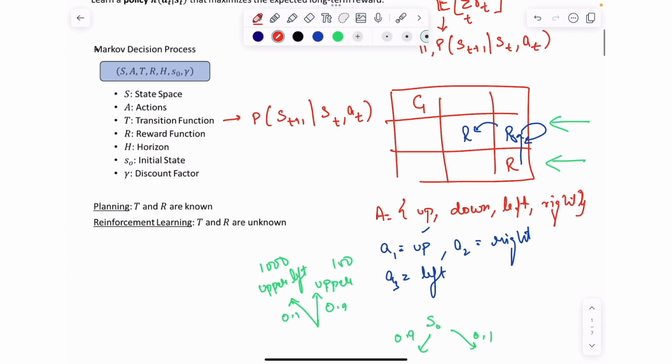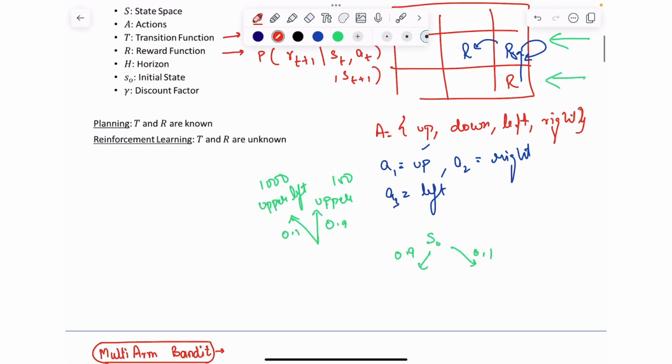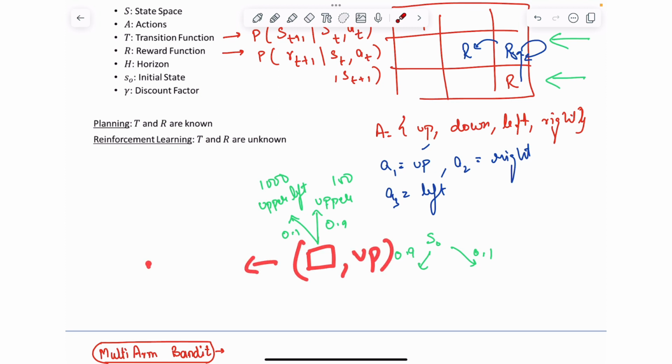Okay. Similarly, if your reward is stochastic, it will also give you what is the RT plus 1 given ST and AT. Sometimes we also include ST plus 1, right? Because in this case, ST plus 1 is also important. For example, again, if you are at a particular cell and you take the up action, then you can get 2 rewards. One reward is of 1000 and one reward is of 100.